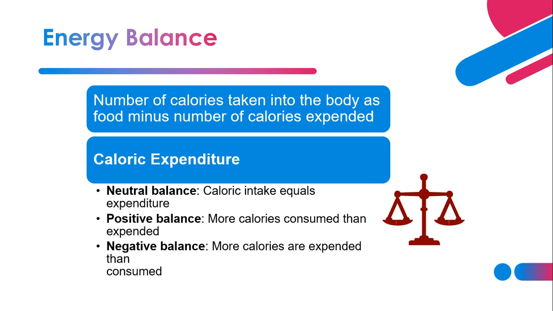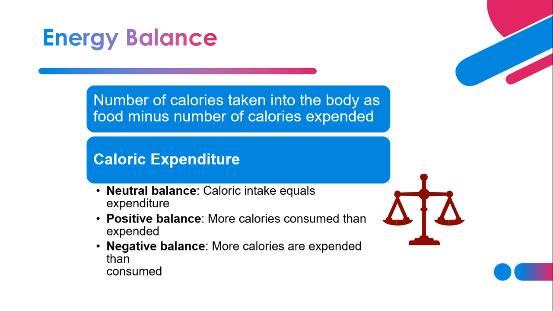A neutral balance occurs when the caloric intake is equal to the caloric expenditure. Under these circumstances, body weight is maintained. When a positive balance exists, that is, when more calories are consumed than expended, the excess is stored as fat and body weight increases. A negative balance occurs when more calories are expended than consumed. This results in weight loss.